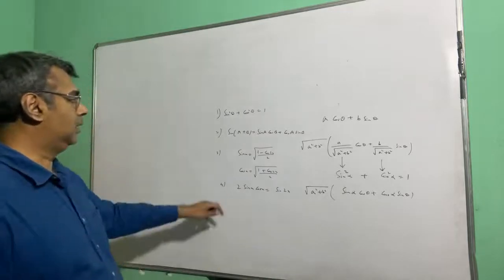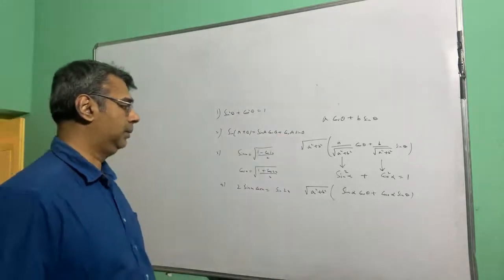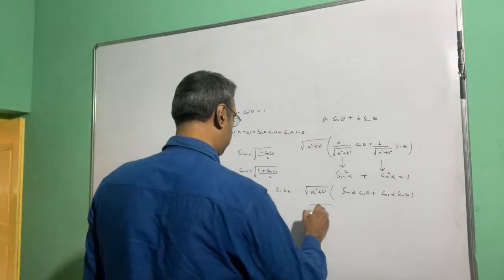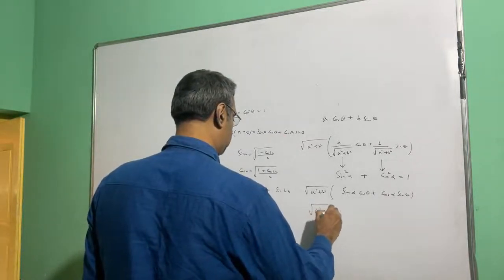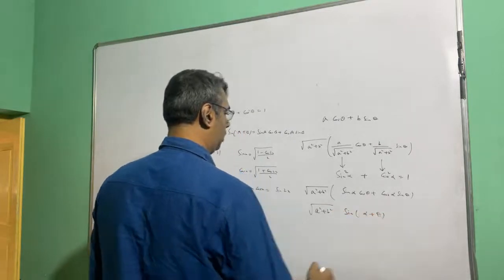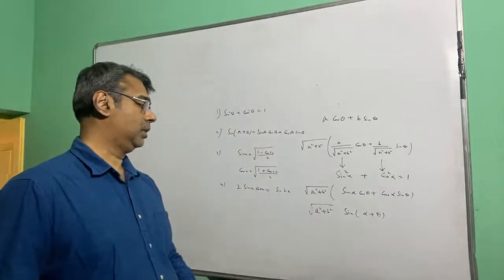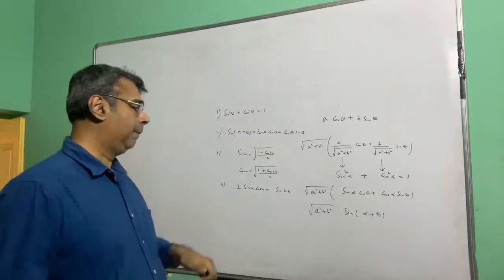Now we look at the second identity, sin a plus b is sin a cos b plus cos a sin b. So this becomes root a square plus b square into sin of alpha plus theta.